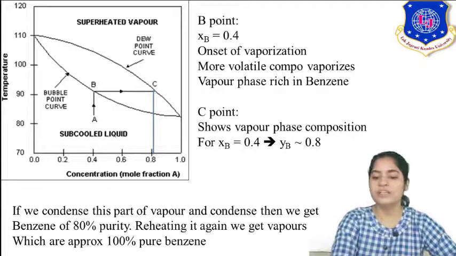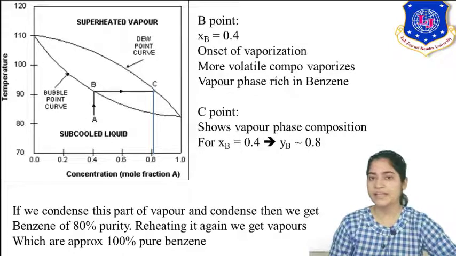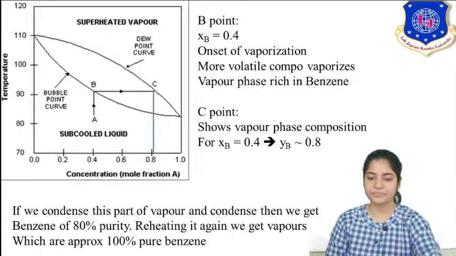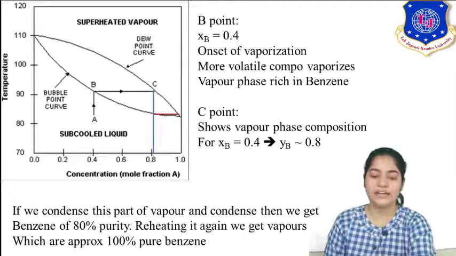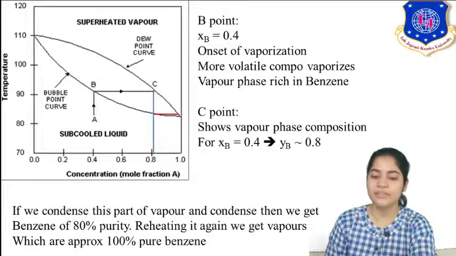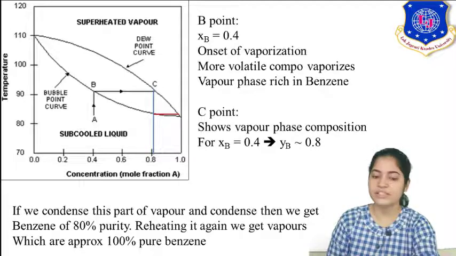So my new liquid has benzene composition of 0.8. When I am reapplying the heat, when I am again heating it, you can see the red line. Corresponding to the heating, I will get my vapor composition of approximately 100%. This way, in VLE you can see the equilibrium between liquid and vapor phase compositions.